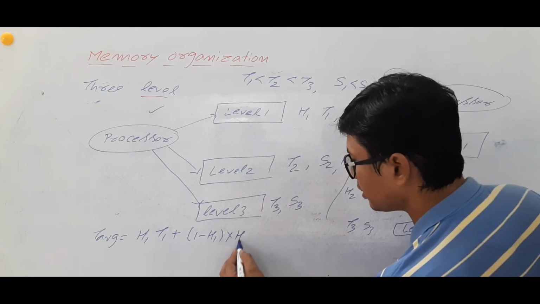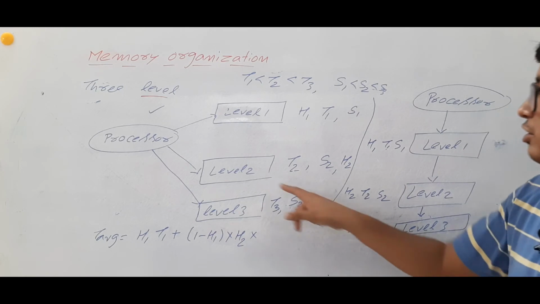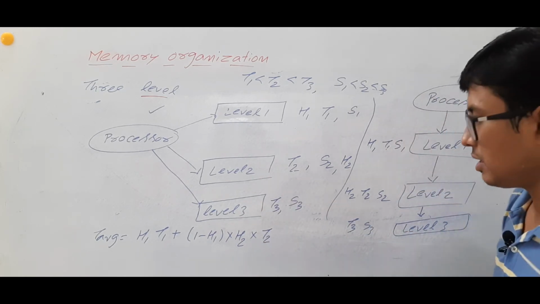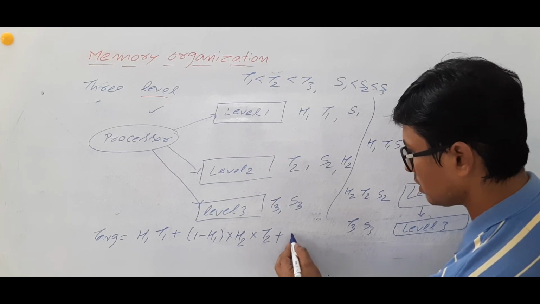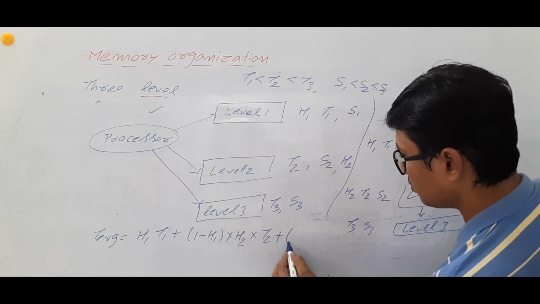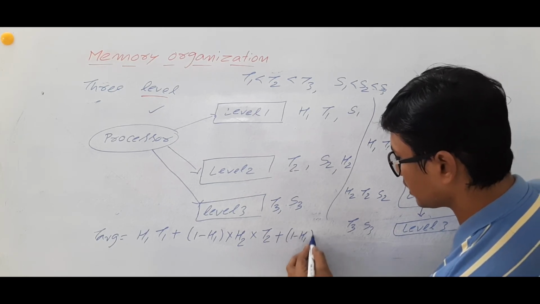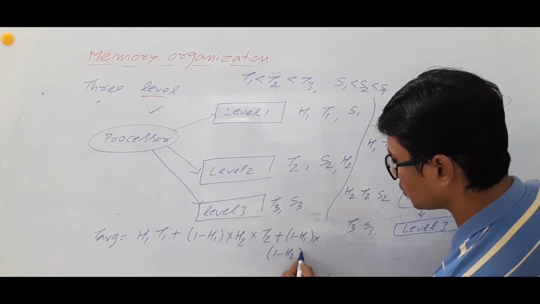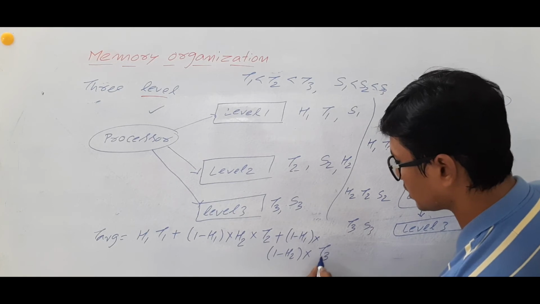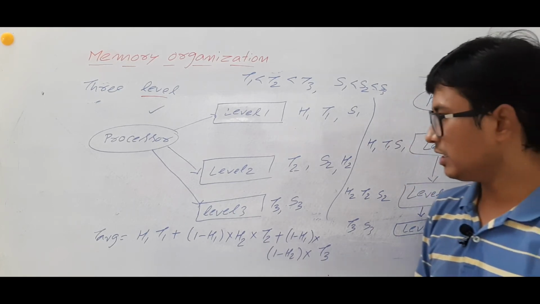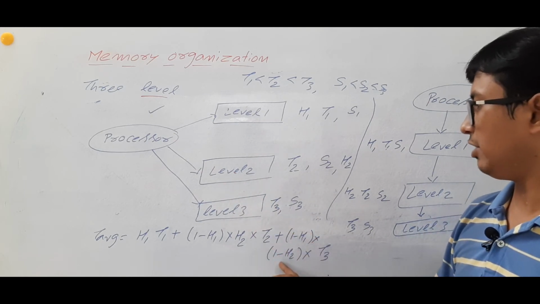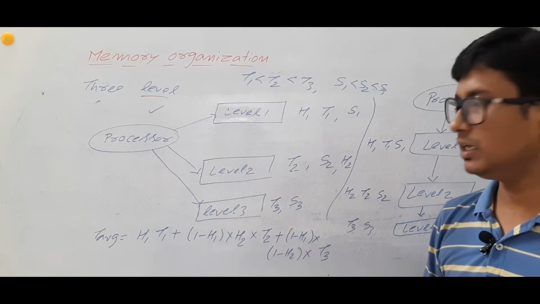It will be given by the hit ratio. The hit ratio of this level 2 is H2 and the time taken is T2, plus 1 minus H1 into 1 minus H2 into T3. Meaning, if it is not available in level 1 and not available in level 2, then only you will come to level 3.